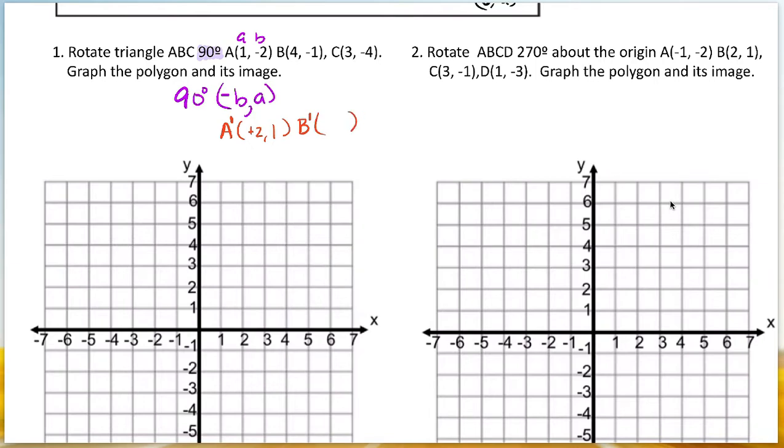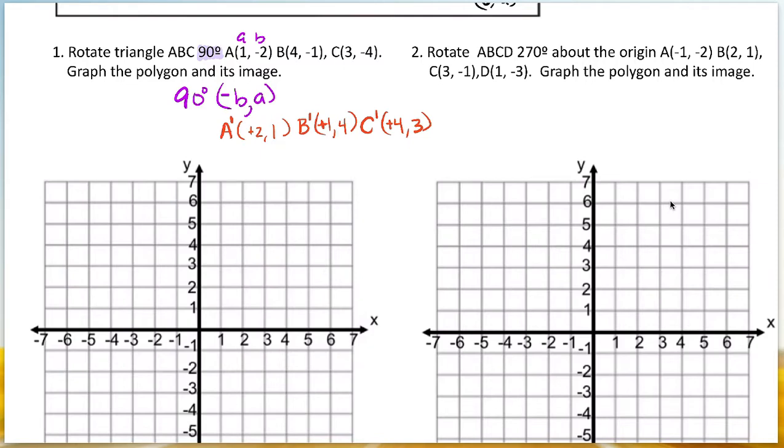B prime, switch the order, change the sign of the new first. C prime, switch the order, change the sign of the new first. So just think about that process as a two-step thing: you write your new points.